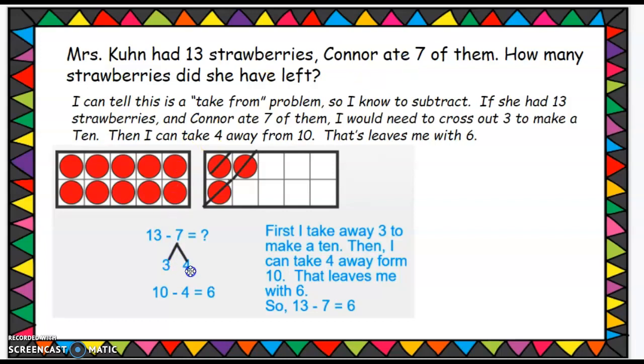I'm trying to take 3 away from 13 to get to 10, so 13 minus 3 gives me 10. And then 10 minus 4, if I take 4 more away, 1, 2, 3, 4, I would get 6. Okay?